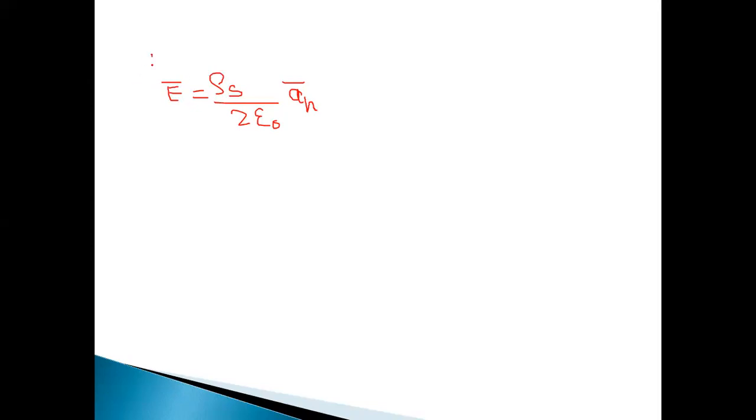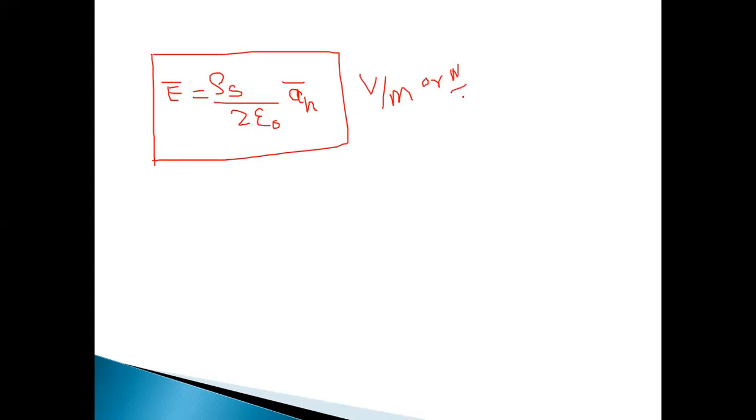Why? It is normal or perpendicular to the surface, therefore we consider a normal unit vector, and the unit is volts per meter or Newton per coulomb.